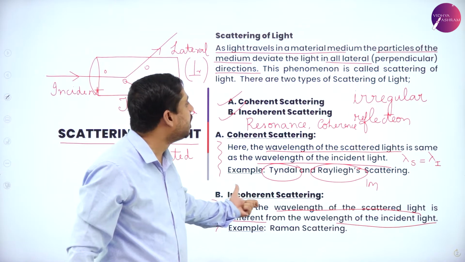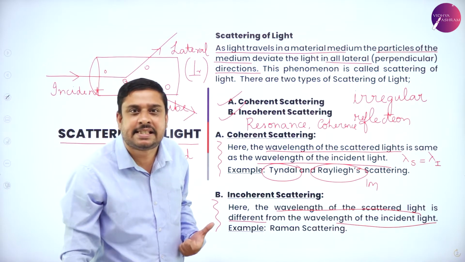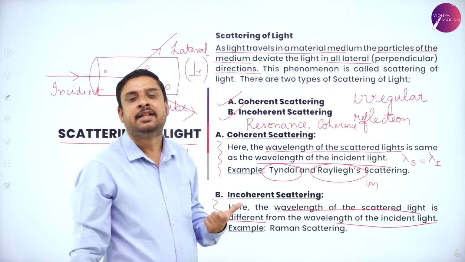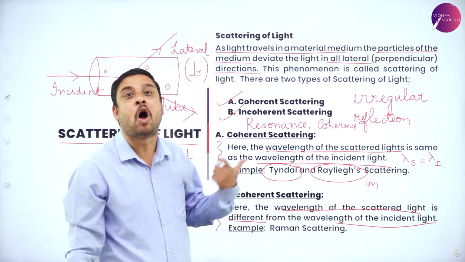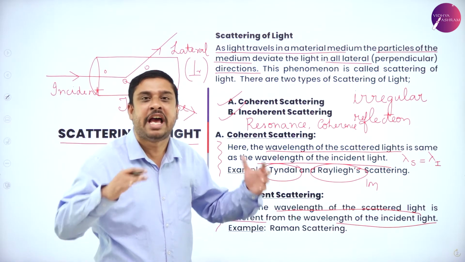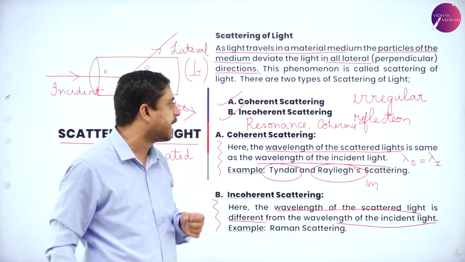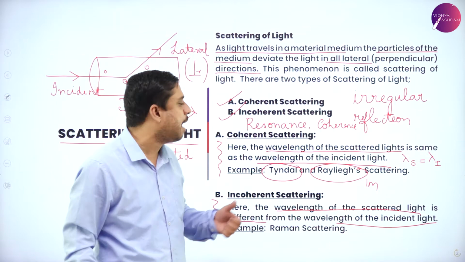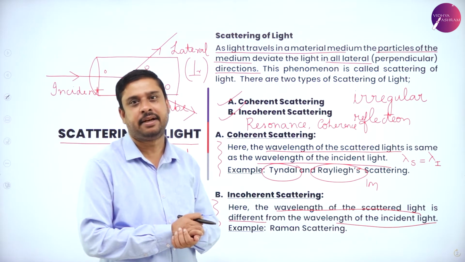So, during incoherent scattering, the wavelength of the incident light and the wavelength of the scattered light will not match. They are different. Therefore, there is no coherence. And Raman scattering is the best example for incoherent scattering.